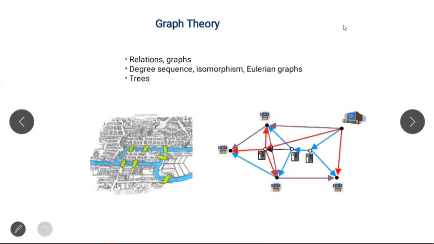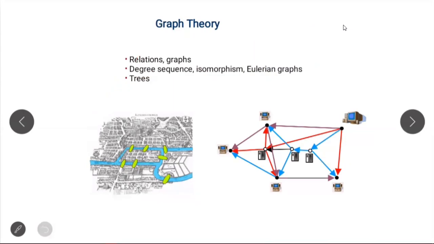Graph theory includes these kinds of graphs. Whenever we have a network of computers, in that case we will join those computers in the form of a graph.